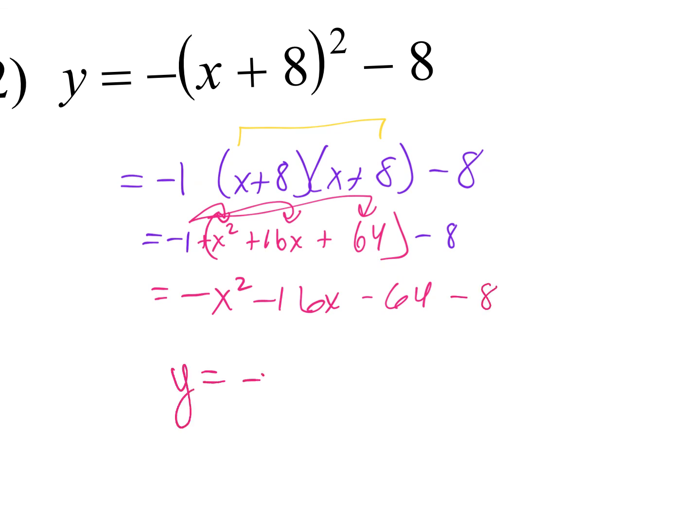So y equals negative x squared minus 16x. What's 64 and 8? Anybody? 64 and 8. Minus 72. And there we go.